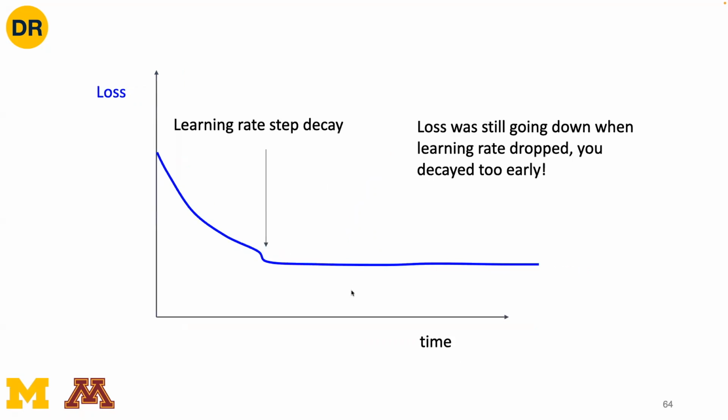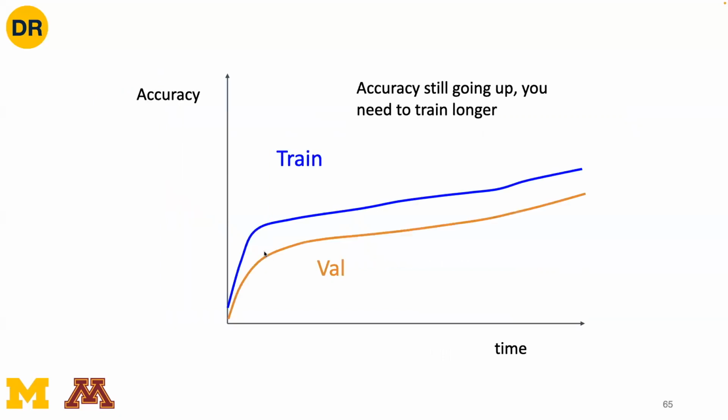Either step down your learning rate or add a cosine learning rate decay. In addition, if your loss was initially decreasing, and then you tried a stepped learning rate decay and now it's plateaued, then maybe you stepped your learning rate down too early. You could have still benefited from some convergence that was happening before the decay.